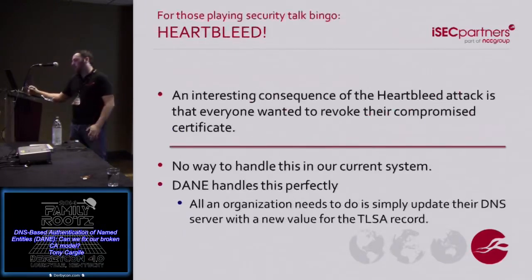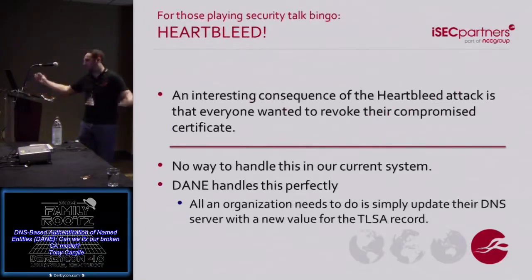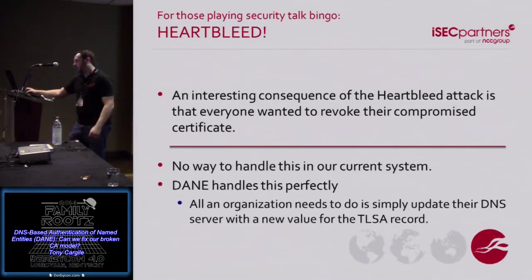So for those playing Security Talk Bingo, let's talk about Heartbleed. One of the byproducts of Heartbleed was that everybody wanted to revoke their compromised certificates. Everyone was like, oh, we've been hacked. So how does somebody like Chrome, like Google, handle millions of websites trying to revoke their certificates all at once?